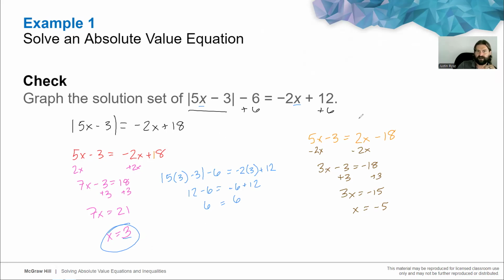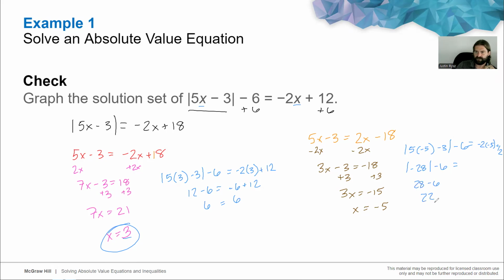Let's check with negative 5. Absolute value of 5 times negative 5 minus 3 minus 6. Does that equal negative 2 times negative 5 plus 12? Running out of room. Here we go. All right. So we'd get, let's see, negative 5 times 5 is negative 25 minus 3. That's negative 28. The absolute value of negative 28 is a positive 28.